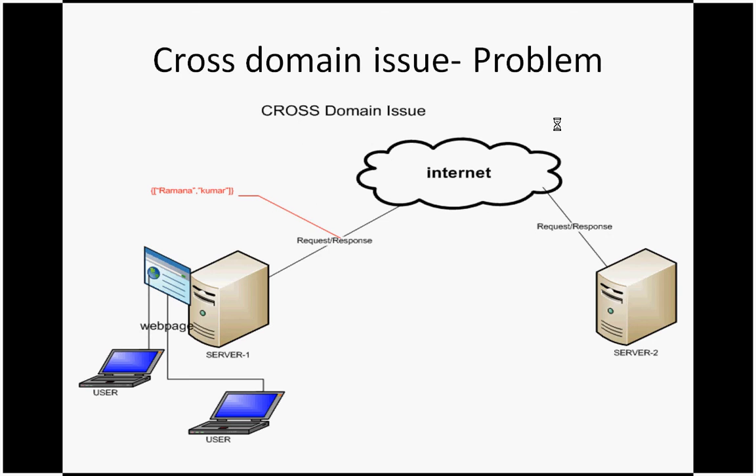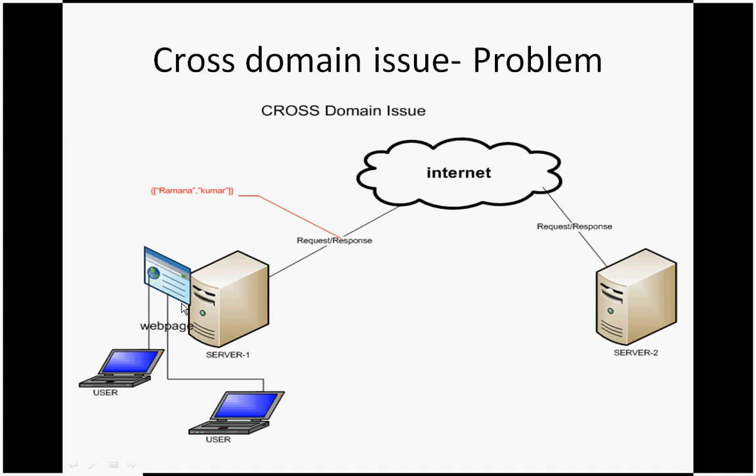See this picture, we have server 1 and server 2. The web page is hosted in server 1 and your REST-based service is hosted in server 2. These are two separate servers and they have different domains.